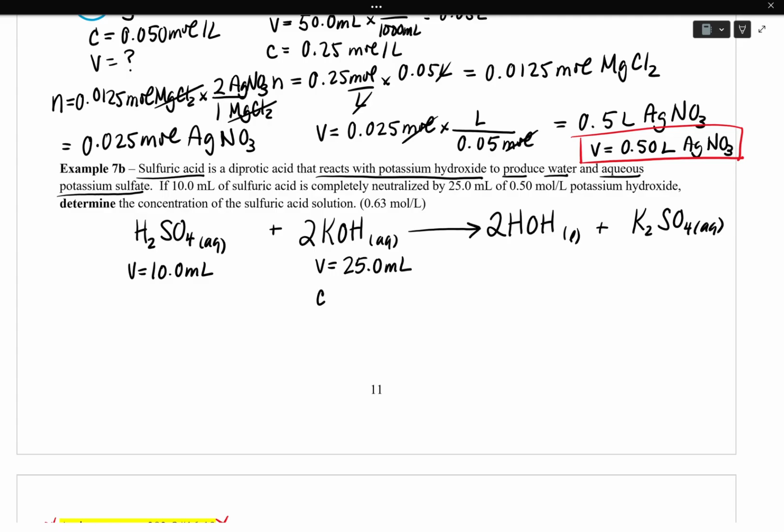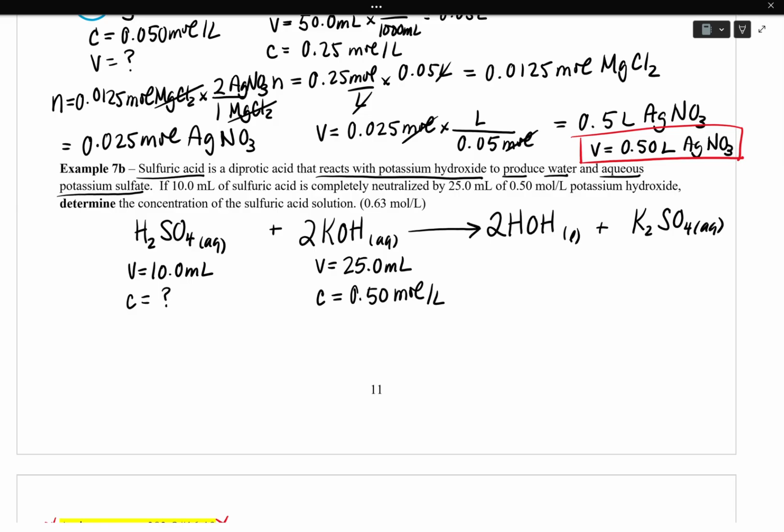And the concentration of our potassium hydroxide is 0.50 moles per liter. We are solving for the concentration of our sulfuric acid. So let's first solve for the number of moles of potassium hydroxide. We will then use our mole ratio, and then we can determine concentration.